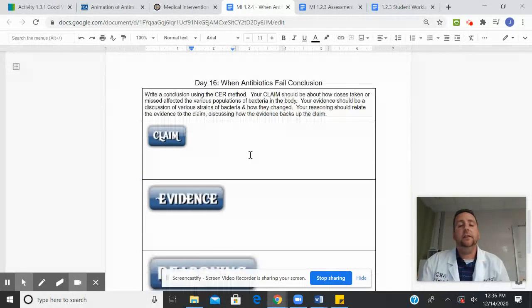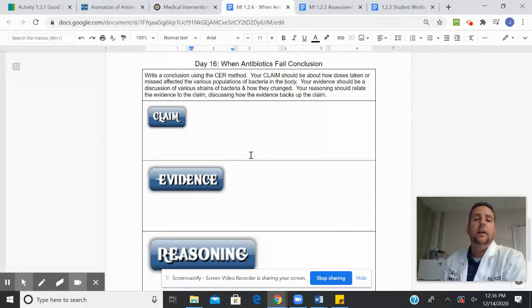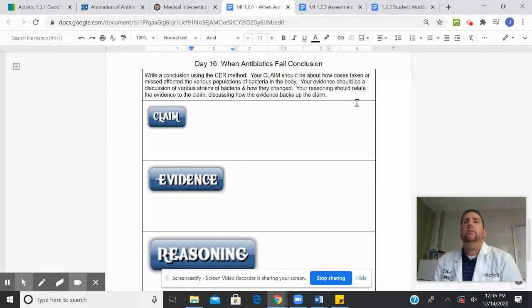And then finally, another claim evidence reasoning. Just a coincidence that these 2 happen to be right next to each other. So we will do these throughout the year. Your claim should be about how doses taken or missed affected the various populations of bacteria. So missing doses caused what to happen with populations of bacteria, or taking all the doses caused what to happen to the populations of bacteria?